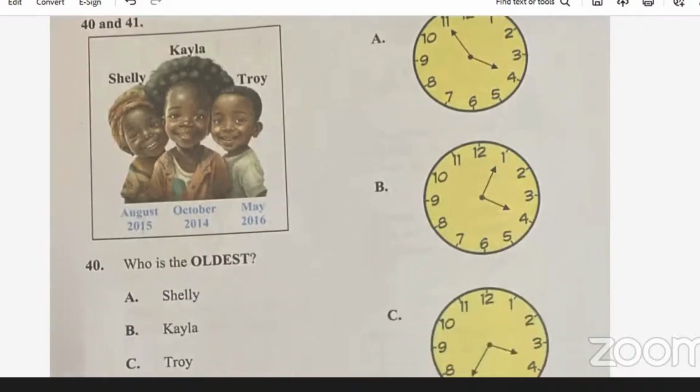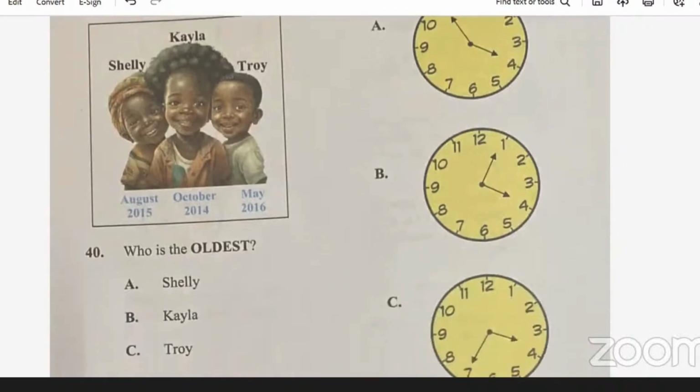So they ask who is the oldest. Is it Shelley, Kayla, or Troy? So whoever was born first, of 2015, 2014, 2016, right? It would have been Kayla. 2014 would have made her the oldest.